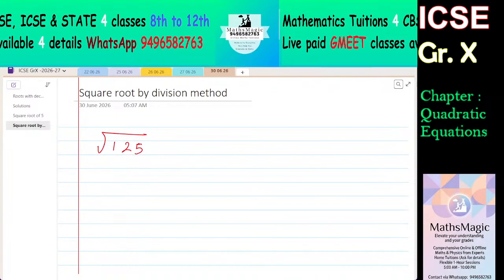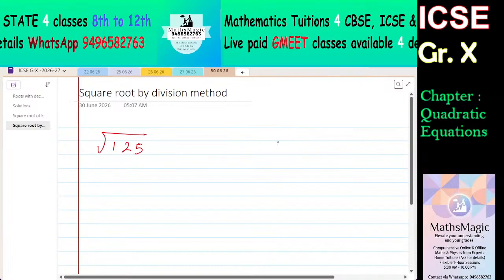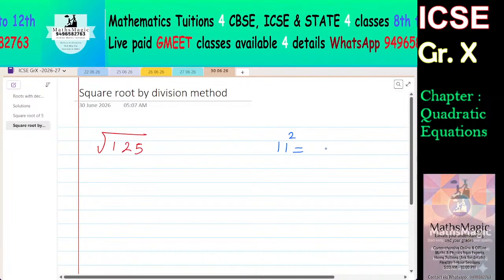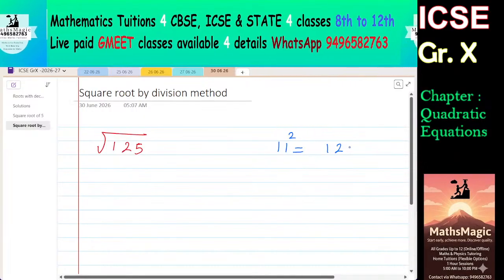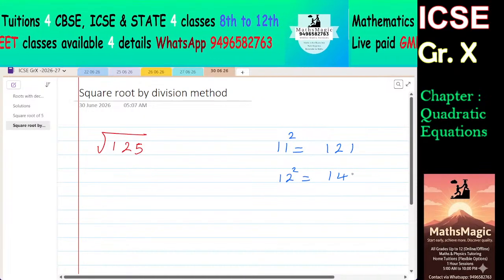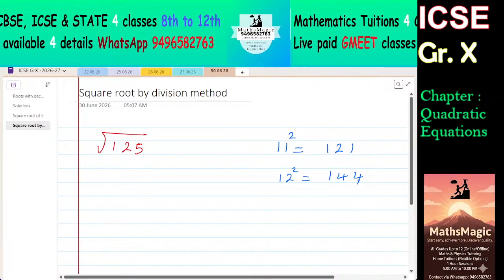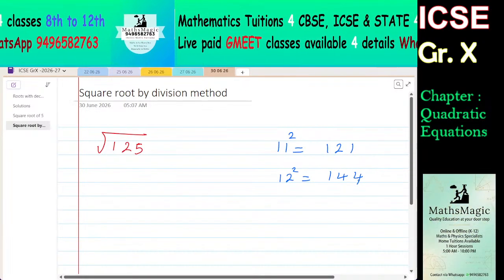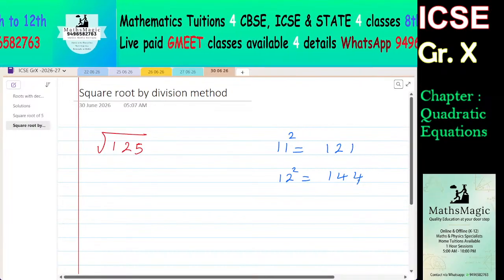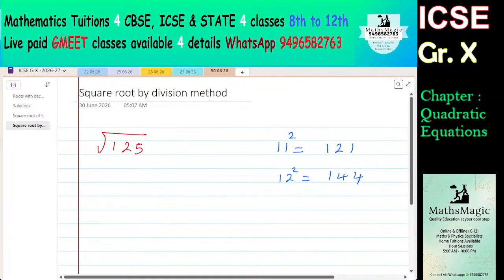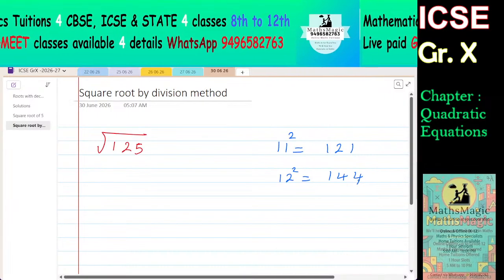We know the square of 11 as 11 squared is 121, 12 squared is 144, right? So the square root of 125 should lie between 11 and 12. Is that okay with you people?